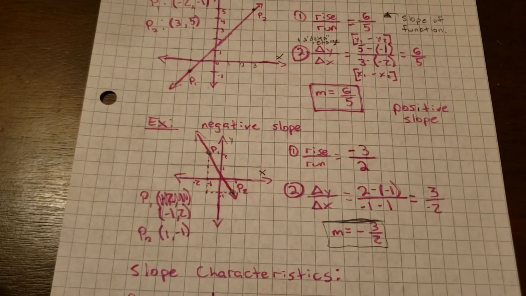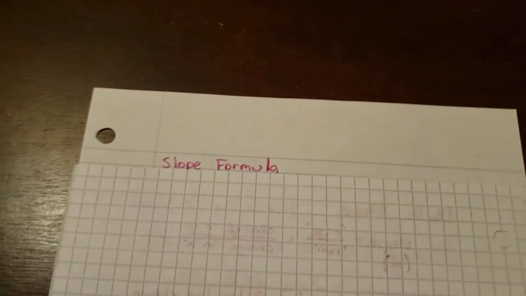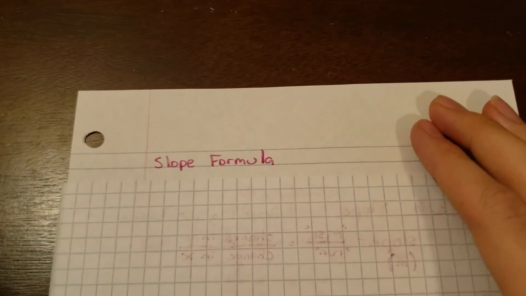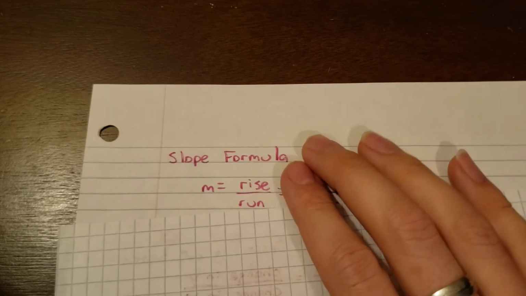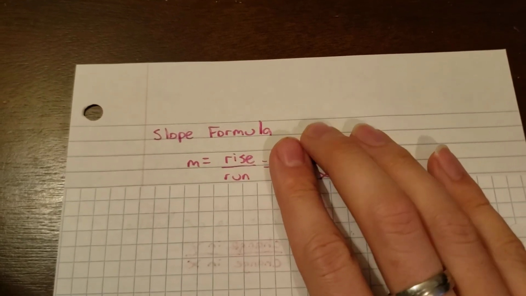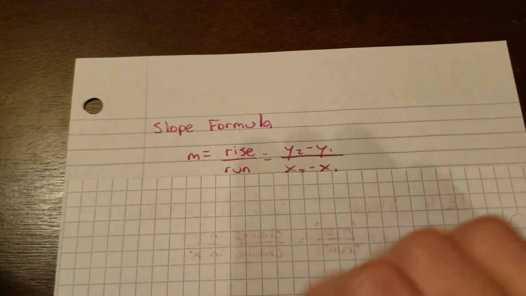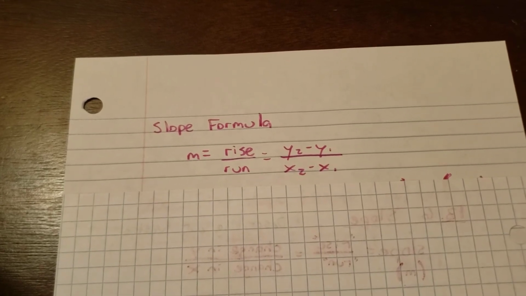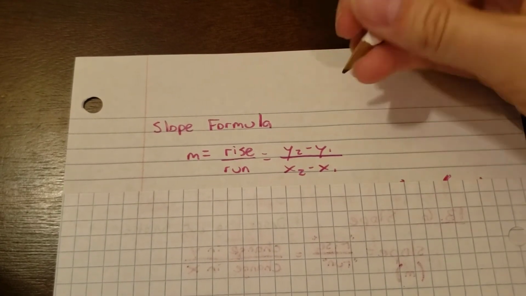Okay, this last bit, this is the mathematical portion that I was telling you guys about. This is what's called the slope formula. So the slope formula is, again, we have m, our slope, equaling rise over run, but it's going to be whatever our points are. So let's say we have 2 points.